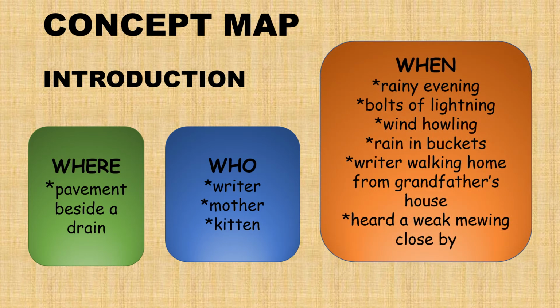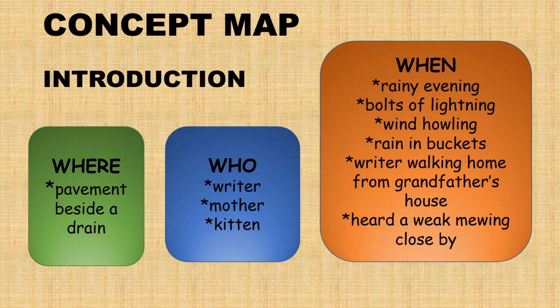And when did it happen? Well, during a rainy evening, bolts of lightning, wind howling. Now these are the things that you need to describe the situation or the scenery during that time. And it rained in buckets, and the writer was walking home from grandfather's house, and he heard a weak mewing close by. Alright, so for the first part here, you need to ask yourself who, where, and when.